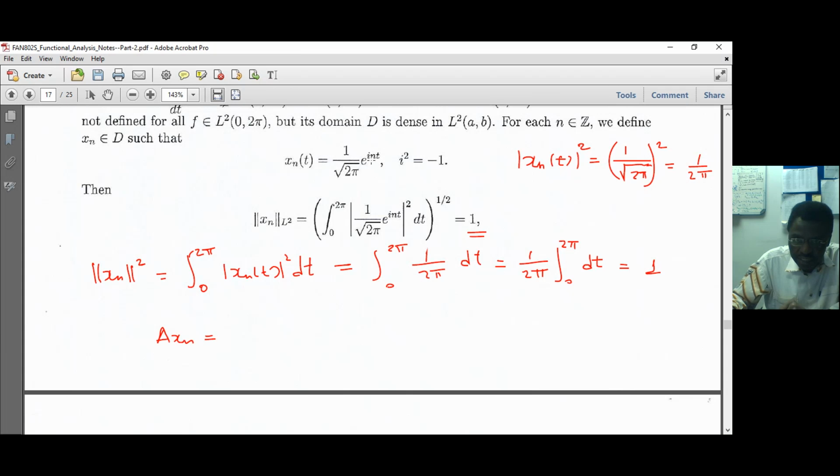Remember that we take that and we put it here. So if I differentiate with respect to t, it is i n, the factor of t, i n, to this, over square root of 2 pi, right?